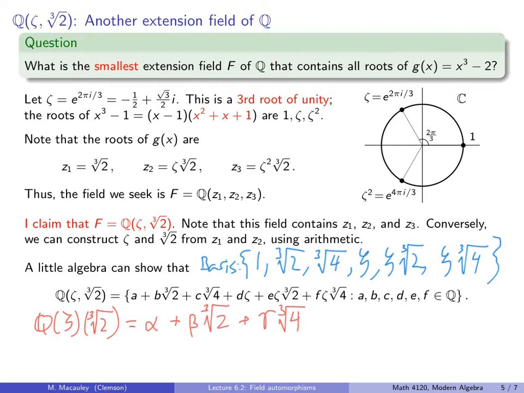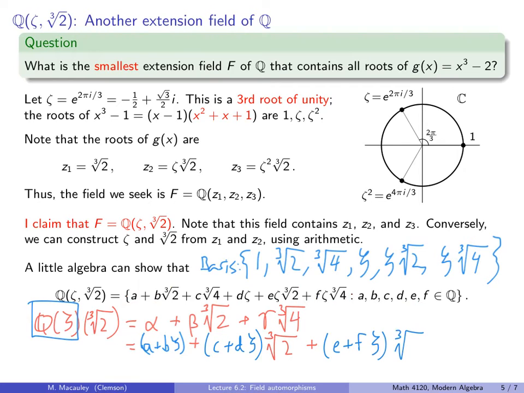Now alpha, beta, and gamma all live in this field, Q adjoined zeta, and so they can actually be written as, so alpha can be written as a plus b times zeta, and then beta can be written as c plus d times zeta, and then times the cube root of 2, and then finally gamma can be written as e plus f times zeta times the cube root of 4.